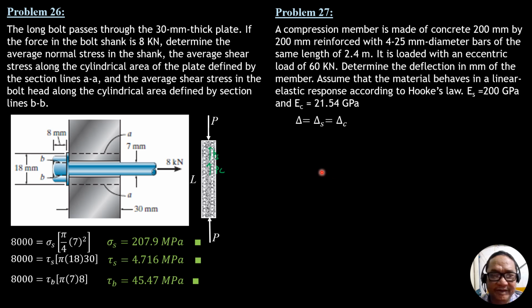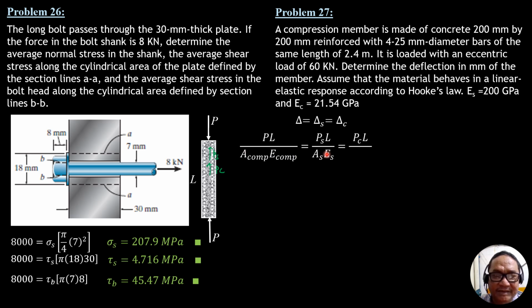So they have the same length. Therefore, the delta for the composite action is from PL over AE. So it should be PL over area of steel, E of steel, plus area of concrete, E of concrete. Then delta S is P of steel, length of steel, over area of steel, E of steel, so that's A composite, E composite.